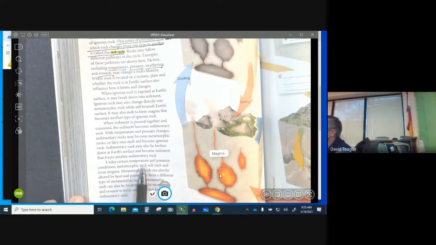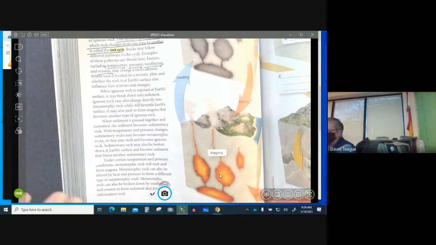Under certain temperature and pressure conditions, metamorphic rock will melt and form magma. Metamorphic rock can also be altered by heat and pressure to form a different type of metamorphic rock. Metamorphic rock can also be broken down by weathering and erosion to form sediment that forms sedimentary rock.